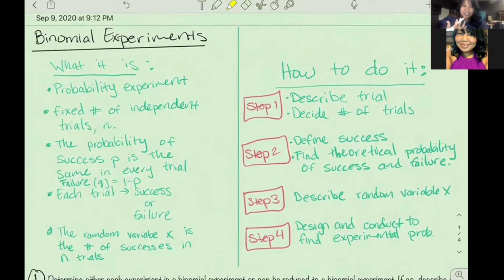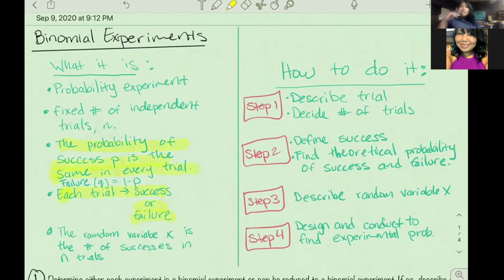It's not going to be handed to you, so you have to pay close attention. It not only says that each trial needs to be a success or failure, but it also says that the probability of success P in the trial is the same.